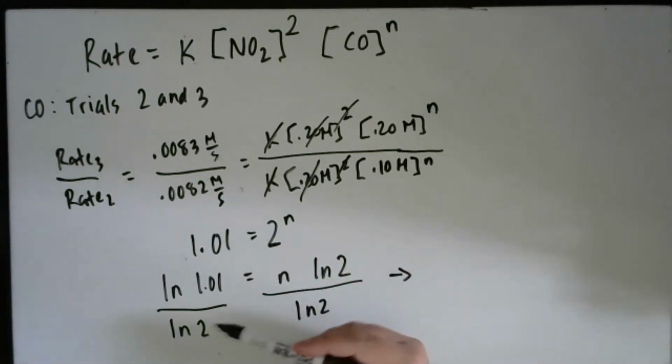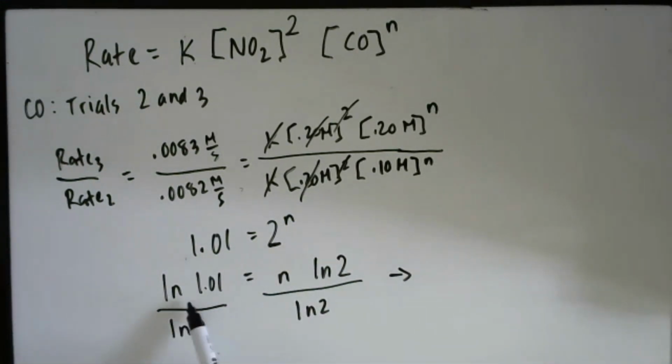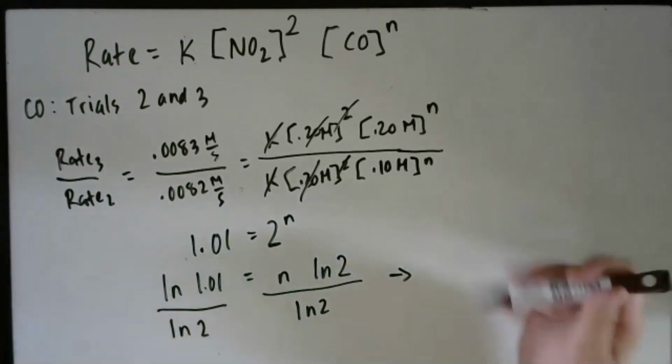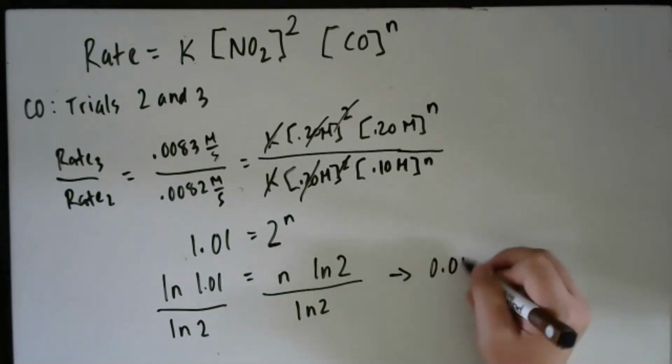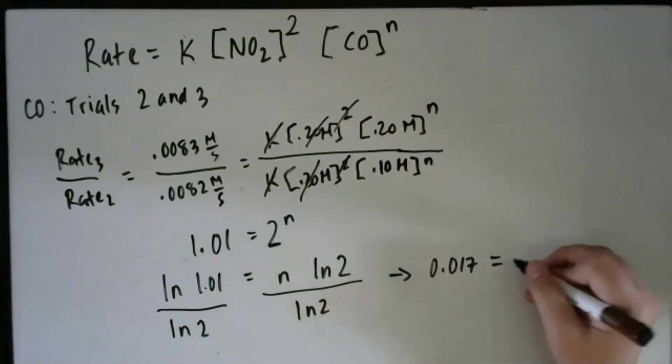And remember that when you have the ln of a number divided by the ln of a different number, you're going to put these in your calculator separately. So you have to literally do 1.01, take the ln of that, and then divide it by the ln of 2. What this is going to give us is 0.017. And that's going to be our n value.